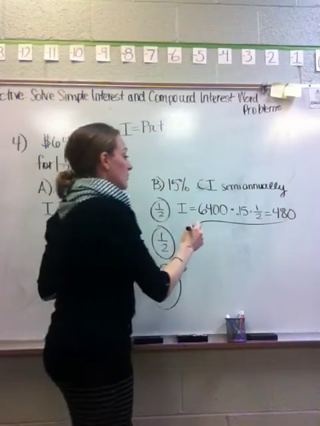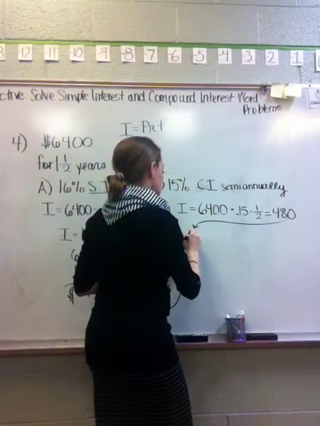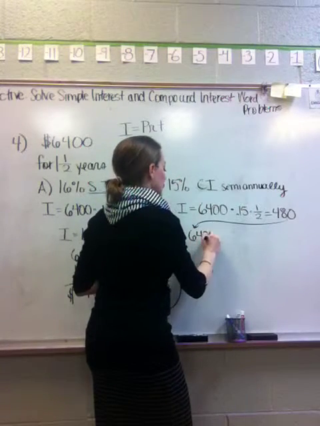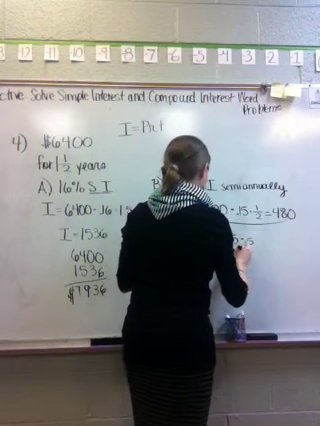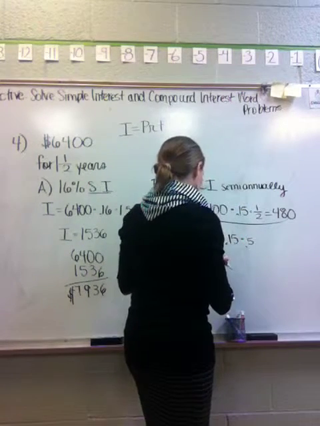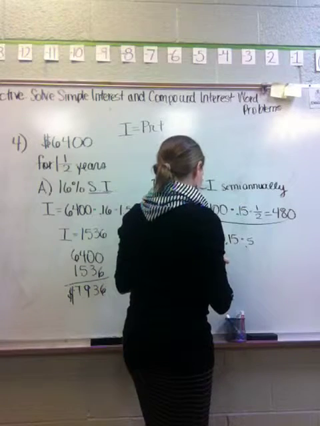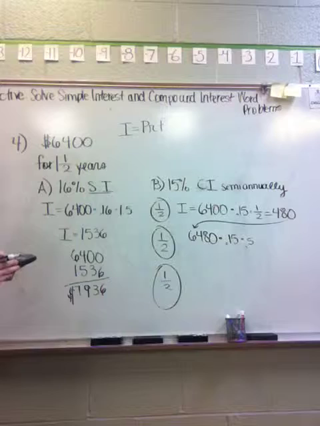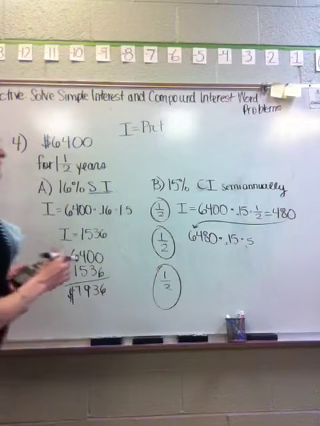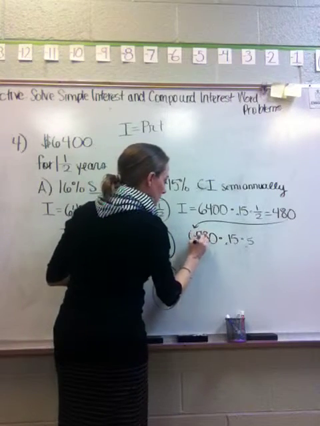Okay, so we've got 6480 times 0.15 times 0.5. So here, 6480. It's 6880, isn't it? Don't you add it? 6,880, not 6,480. Oh yes, sorry, thank you.